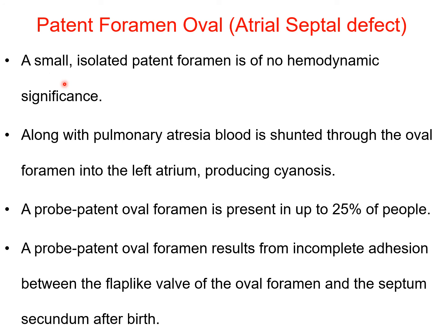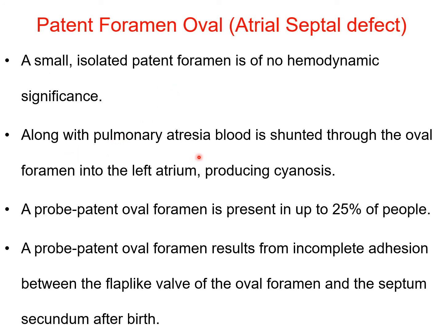Generally we have talked about how the foramen ovale closes after birth, but complete closure may occur up to the first year of life. A very small foramen ovale can be there, but it does not have any hemodynamic significance because it is very small. So there is no problem with the circulation.